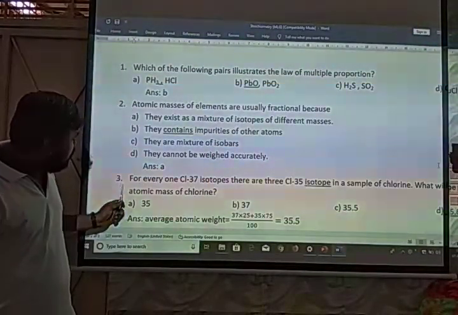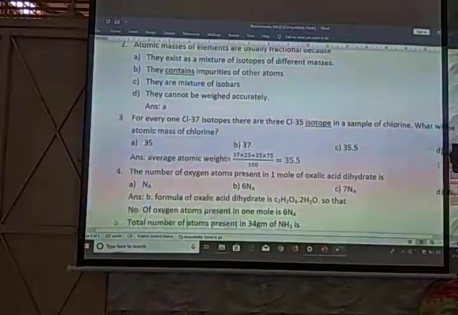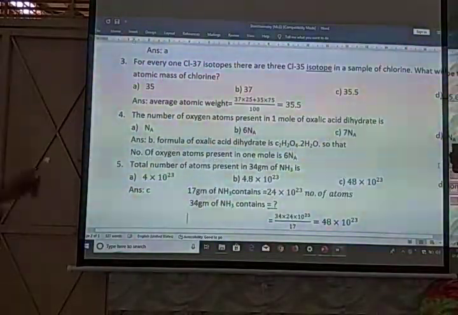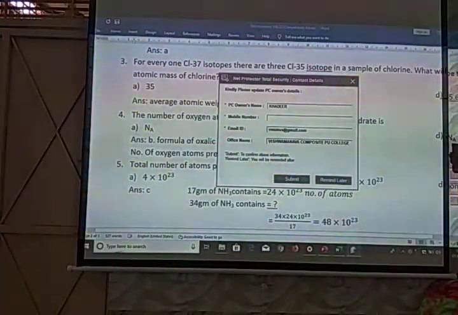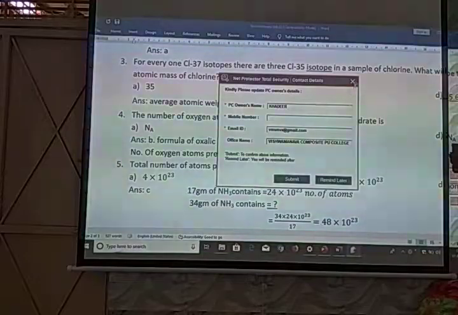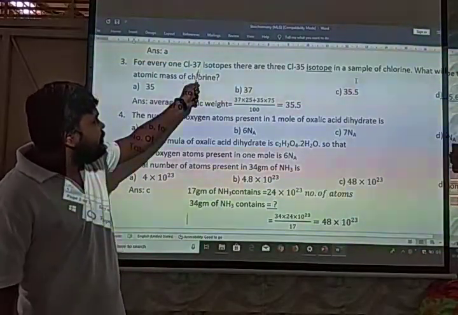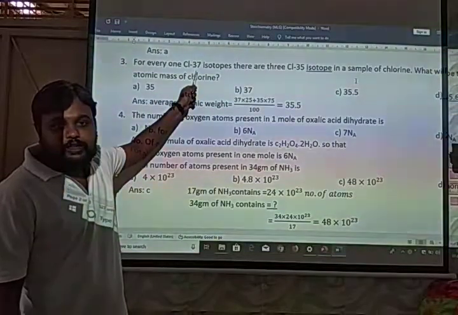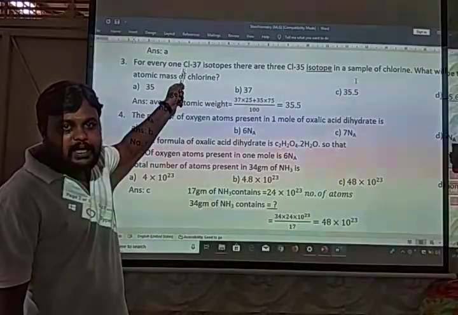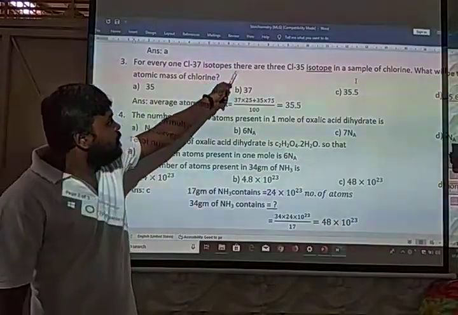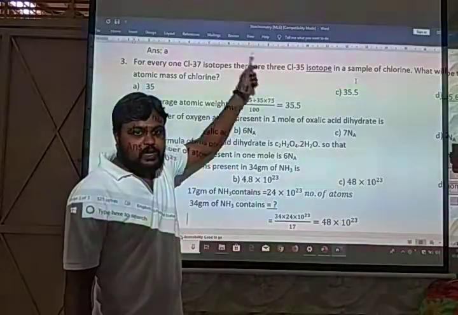The next question, the third question, is like this: for every one Cl-37 isotope, there are three Cl-35 isotopes, so a 1:3 ratio.